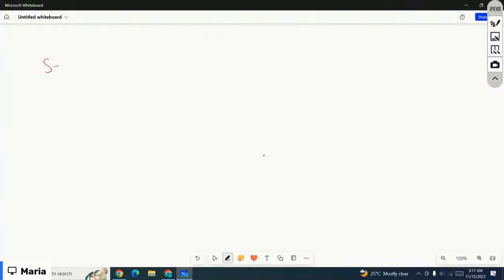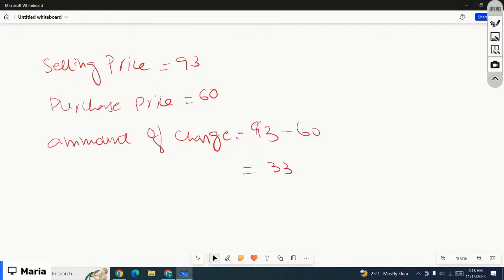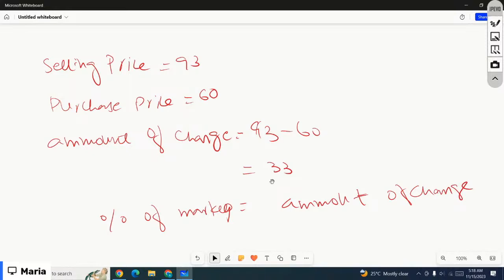Okay, hold on. So it was sold for $33 more than the purchase price. So you can calculate the percentage of markup.